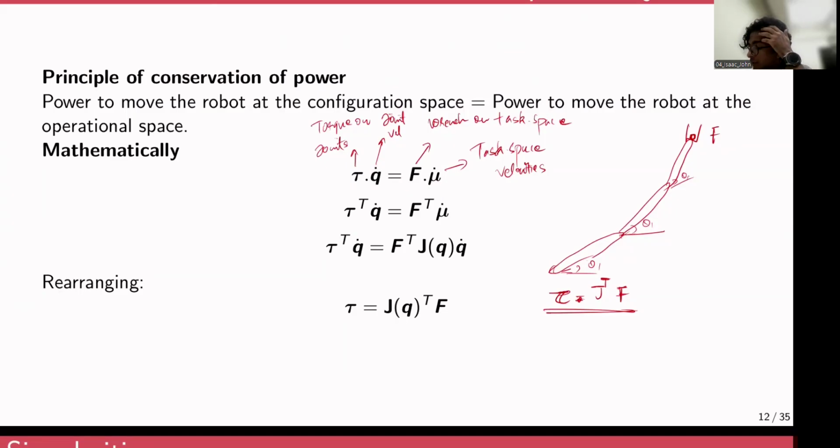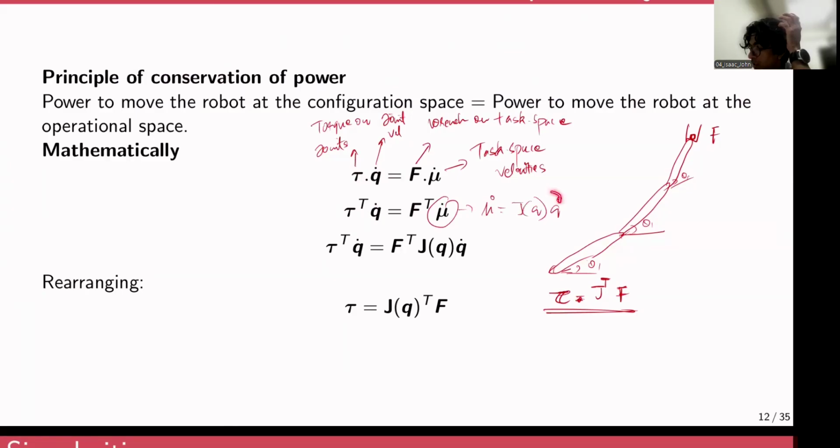So considering the conservation of power, tau dot product with q dot is nothing but F dot product with mu dot. If you rewrite it using the inner product convention, tau transpose q dot would be nothing but F transpose mu dot. And this mu dot, from kinematics, is nothing but J of q multiplied by q dot.